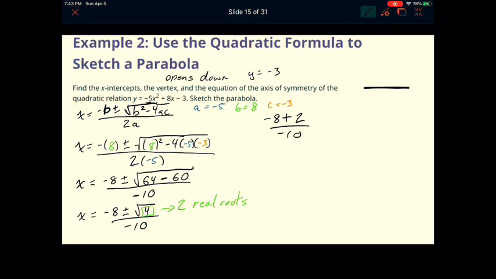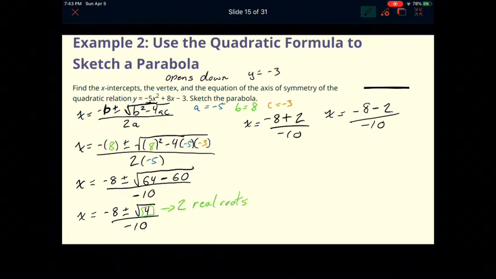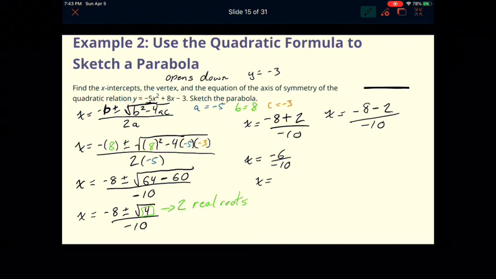And then we also have x equals negative 8 minus 2 all over negative 10. So then we end up with negative 6 over negative 10, which we can simplify: two negatives make a positive, and we divide both by 2.